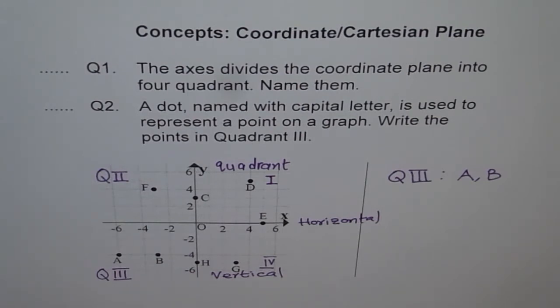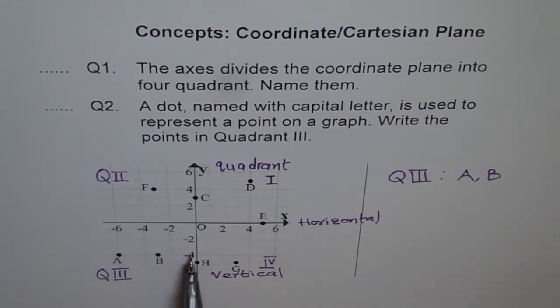I have a reason for that. When I teach you the ordered pairs, I will say that in quadrant 3 all the points have both x and y negative values. Do you see the x-axis? This is the origin. I'll teach you later. And here it is minus, minus.